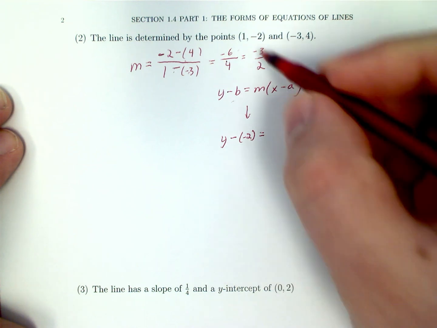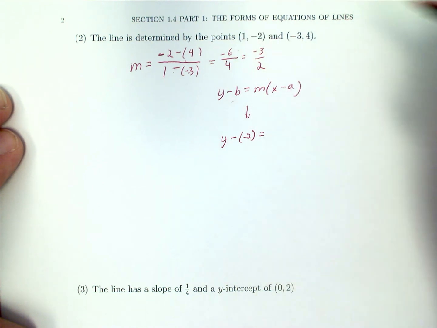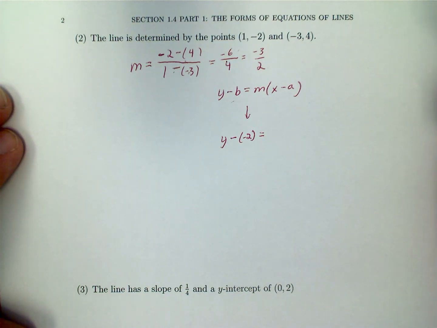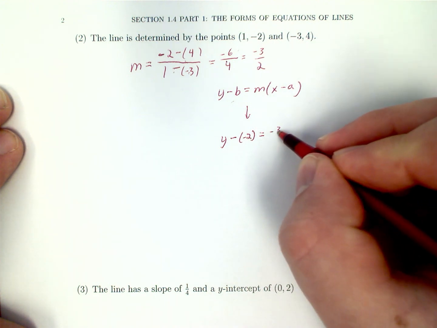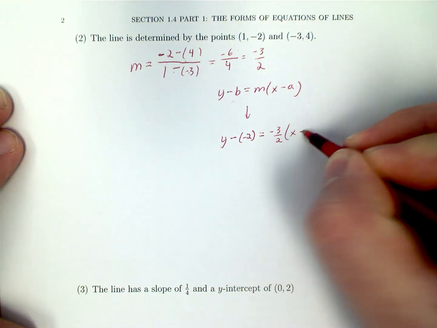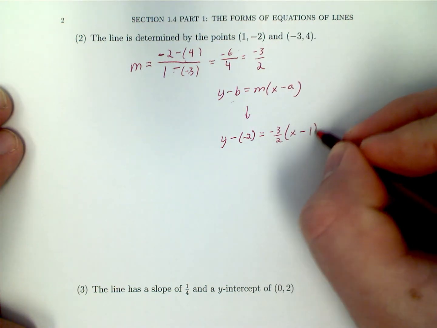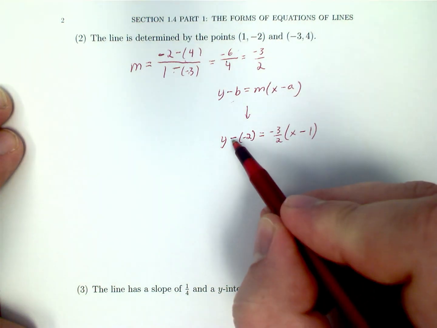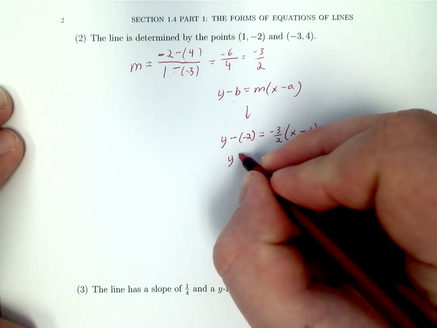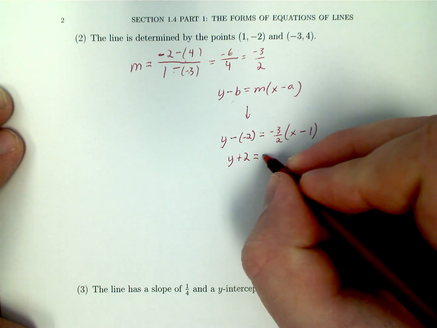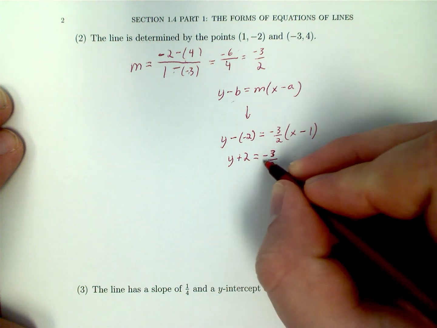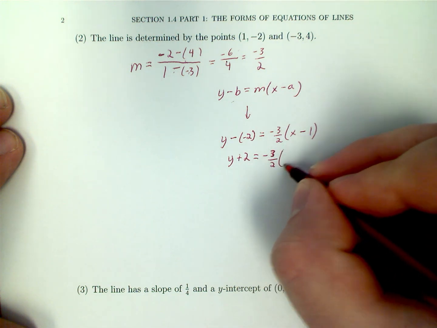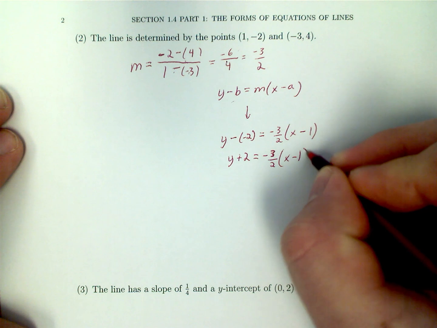So y minus the y-coordinate, which is -2, so minus a negative, equals -3/2 times x minus 1. A double negative is a positive: y plus 2 equals -3/2 times x minus 1.